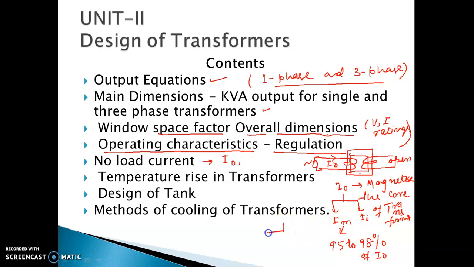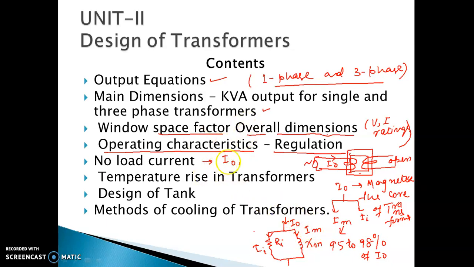This circuit you have also seen during the no load test of a transformer. I will recall it here: this is denoted by RI, and this was XM, the current flowing is IM and II, and the current coming in is I naught. So most of the current flows as IM.